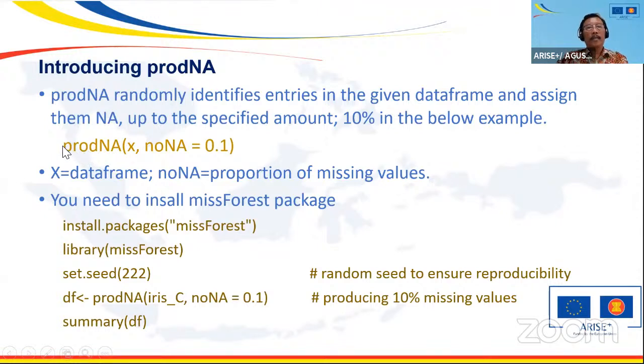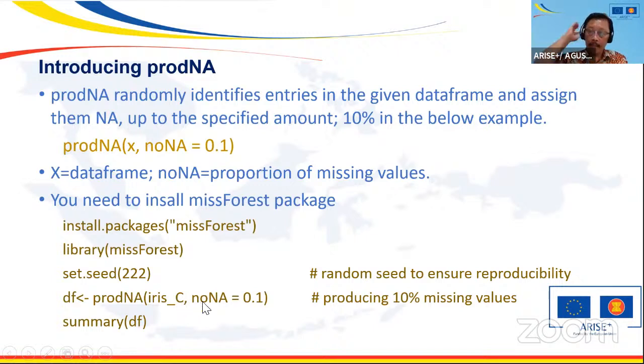So this is the statement to produce the number of NA up to 10%, 0.1. If you want 20%, you put 0.2. But you need to install this package, the missForest package. Install, and then load as usual, library, and then you draw this.